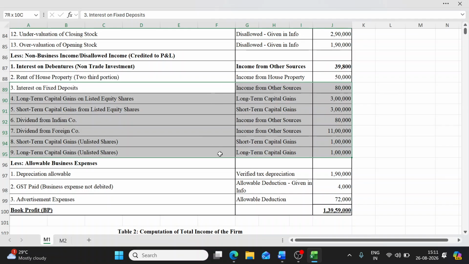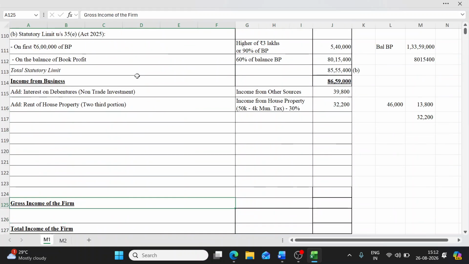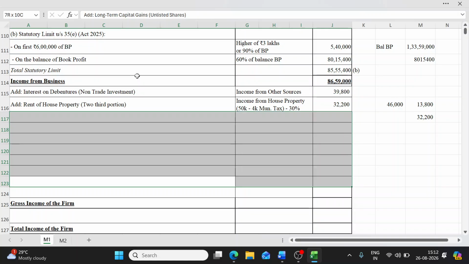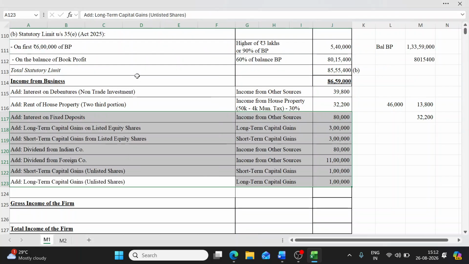We will add all these incomes the way we added interest on debentures and rent from house property, but under their income heads. I'll show you. Look here, under their heads. Okay, look.